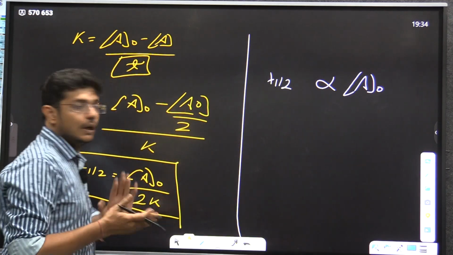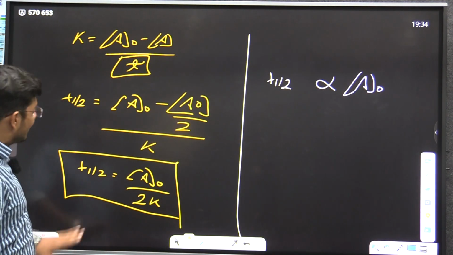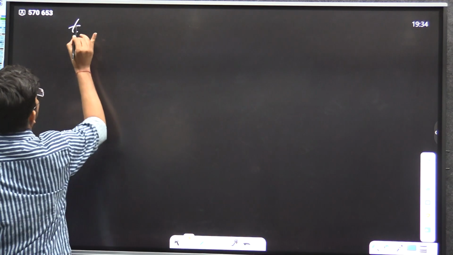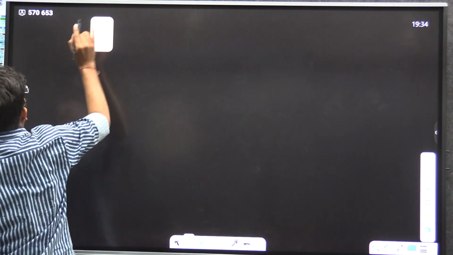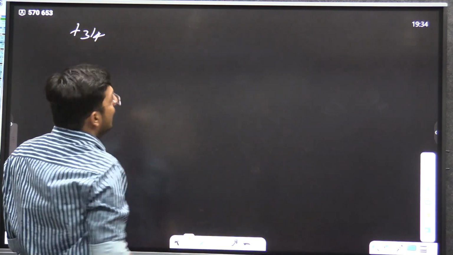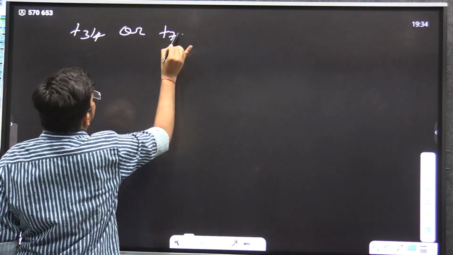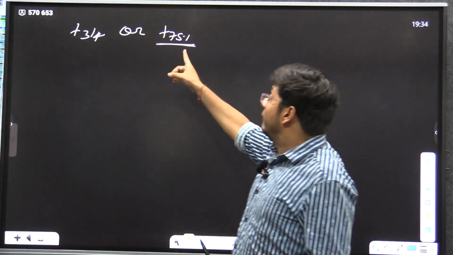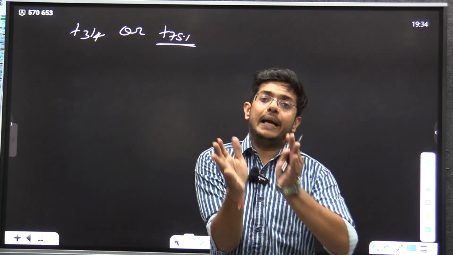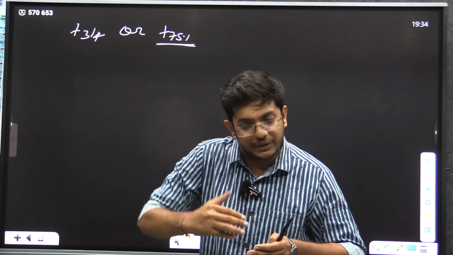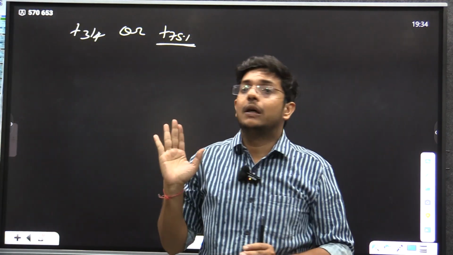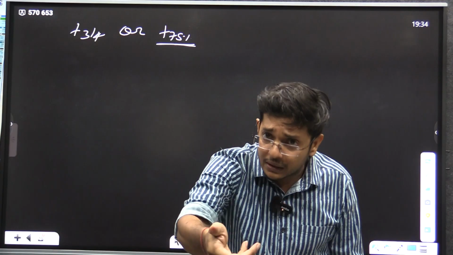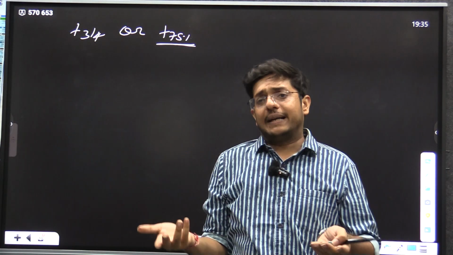Okay, now sir, can we calculate the 3/4 life or something x by y life? Yes, we can calculate any life. Let's suppose we need to calculate the t 3/4 life, which can also be represented as t 75%. What does this mean? When someone says t 75%, it means 75% of the reactant is converted into product, or 3/4 of the reactant is converted into product, or 25% of the reactant is left.